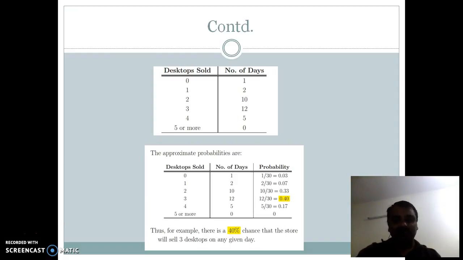Thus, for example, there is a 40% chance that the store will sell 3 desktops on any given day.